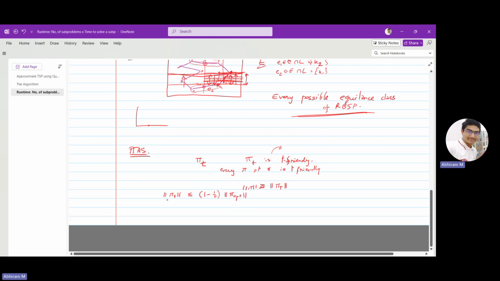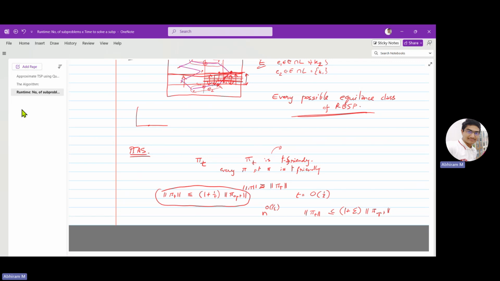If I can even make a statement like this, then I just set t equal to O of 1 by epsilon, and then in time n to the power O of t, so exactly O of 1 by epsilon, I get an algorithm such that Pi-t, which I found, is less than or equal to 1 plus epsilon times PiOpt. And this is exactly the statement of a PTAS, right? This is what I want.